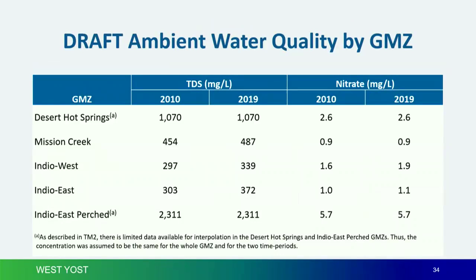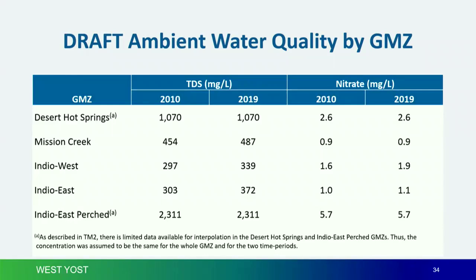Okay, we also took that groundwater quality characterization we did in our technical memorandum number 2, and we applied a volume weighted method to come up with what we're calling ambient water quality estimates for TDS and nitrate in each one of these 5 management zones.